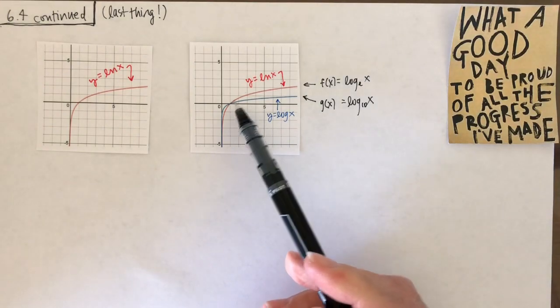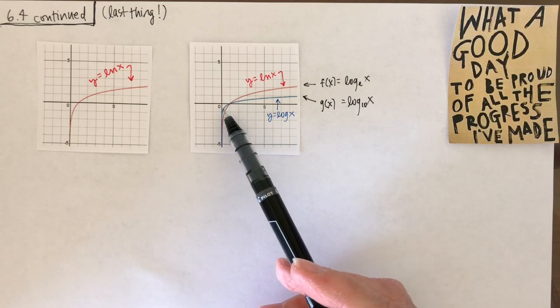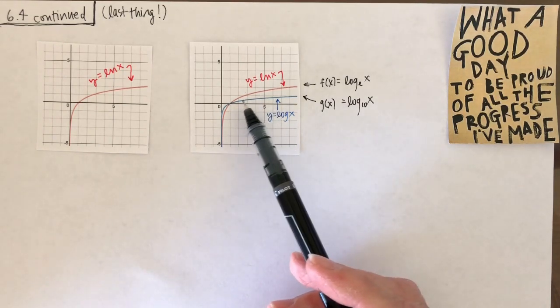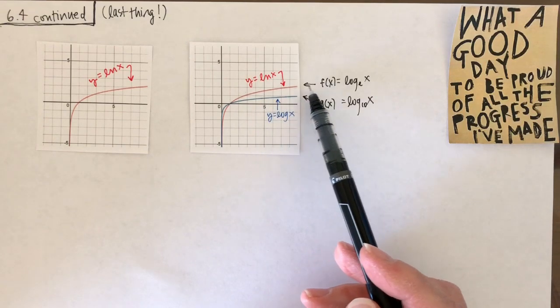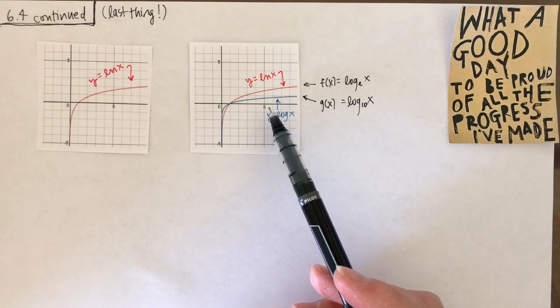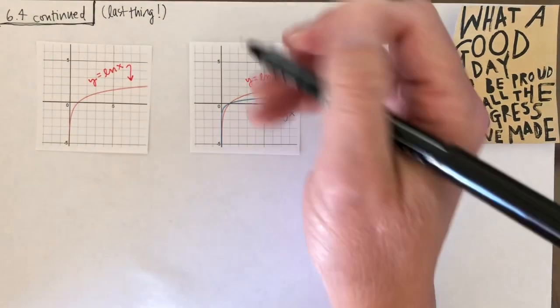So they both have the attributes that we talked about a minute ago. As x approaches 0, they go off to negative infinity. They go through the point 1, 0, and they both grow as x grows, but they grow less and less quickly.